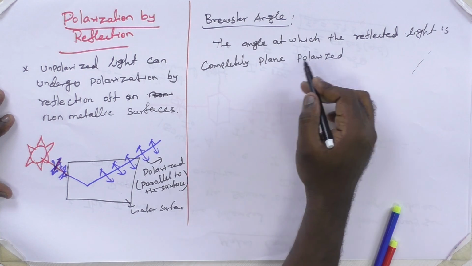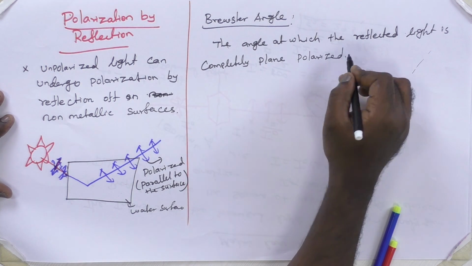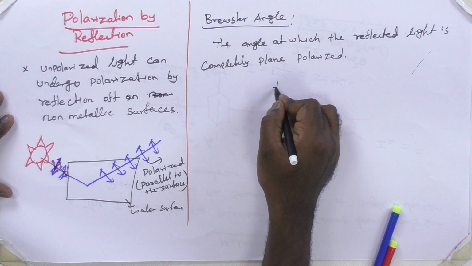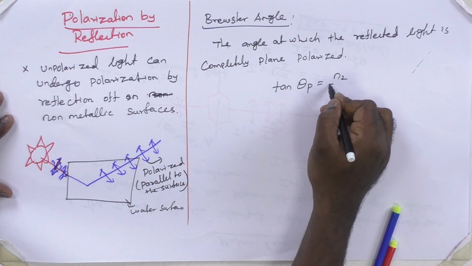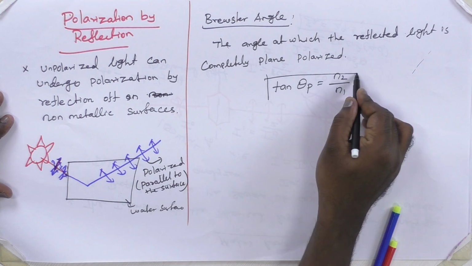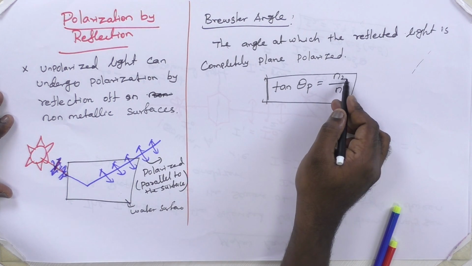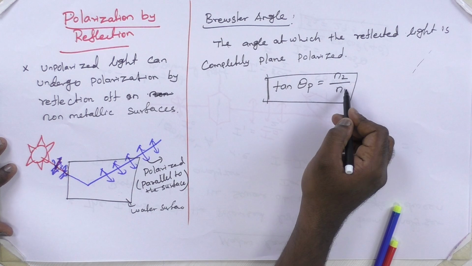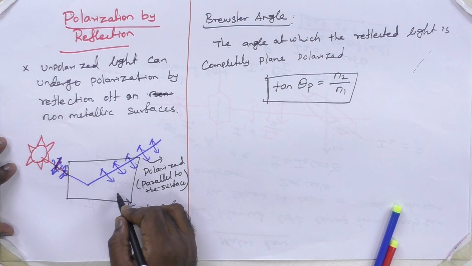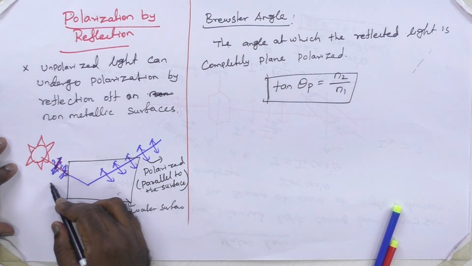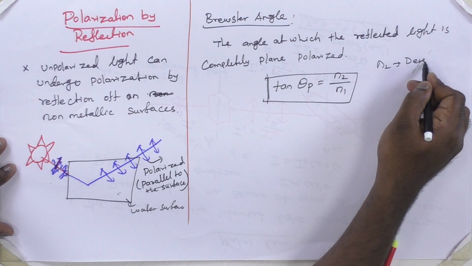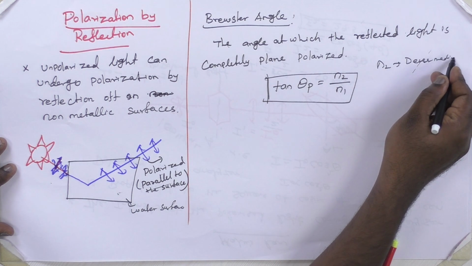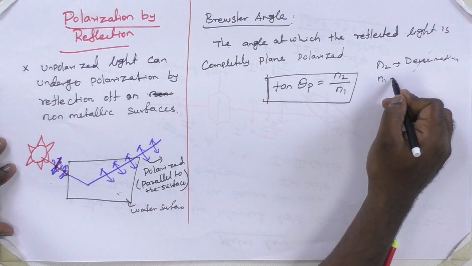It is given in terms of tan: tan theta p is equal to n2 by n1, where n2 is the refractive index of medium 2 and n1 is the refractive index of medium 1. So, rarer medium, denser medium.